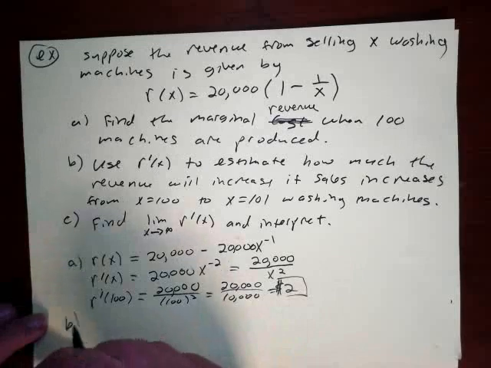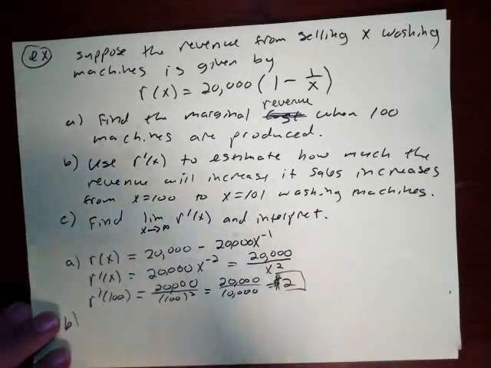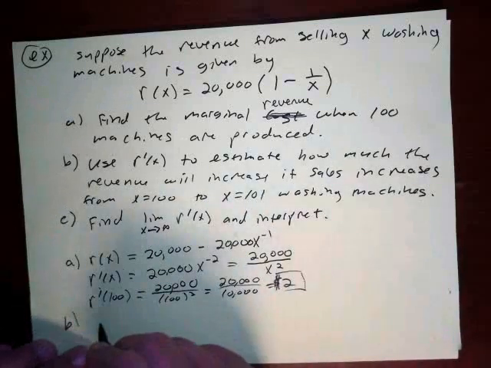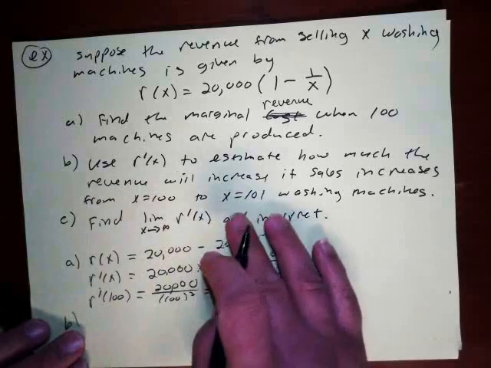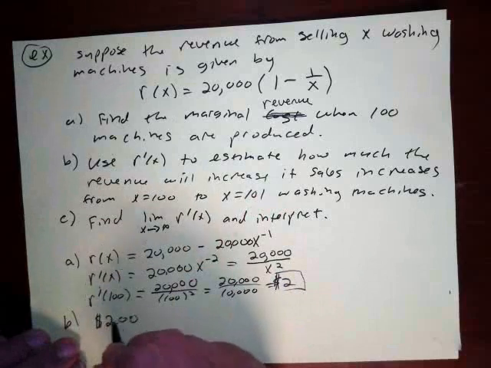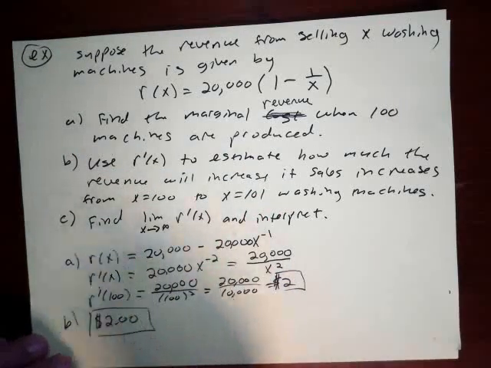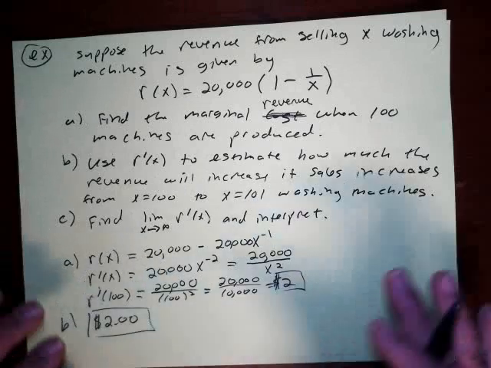The idea here is, assuming it stays at that rate, if I sold one more washing machine, I would make $2 extra. So it's $2 for every one washing machine at that rate.